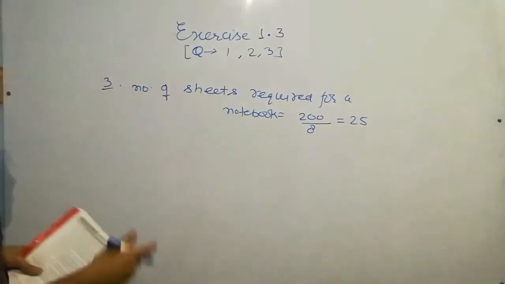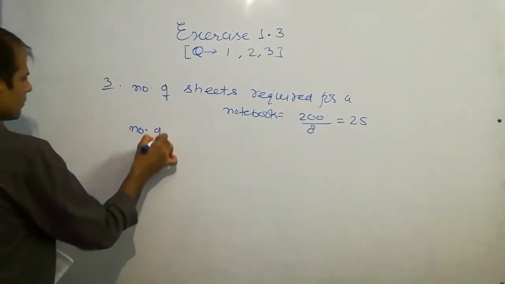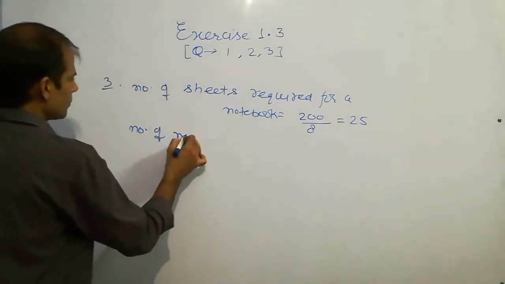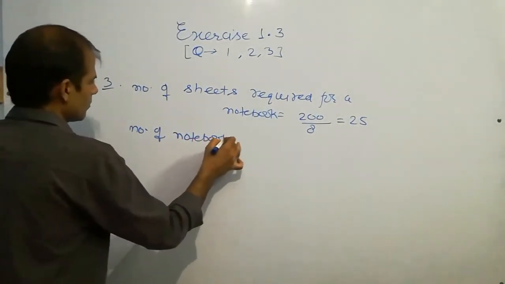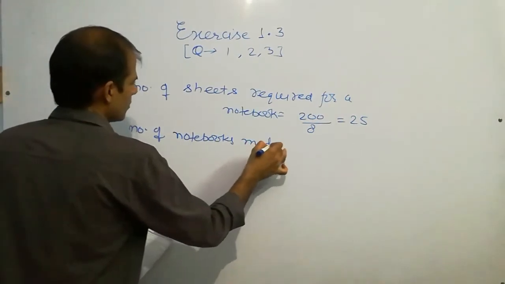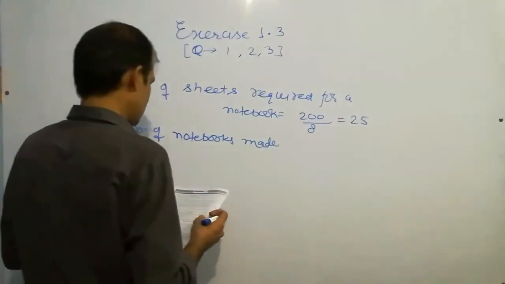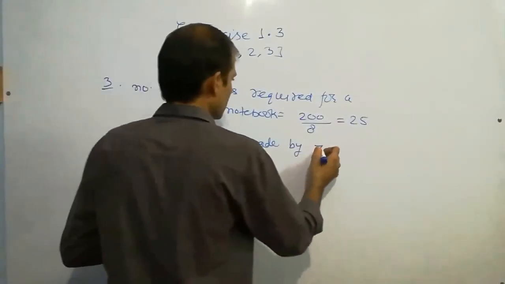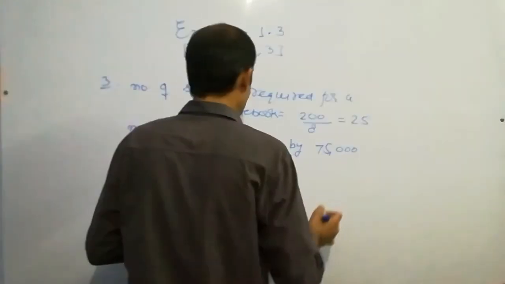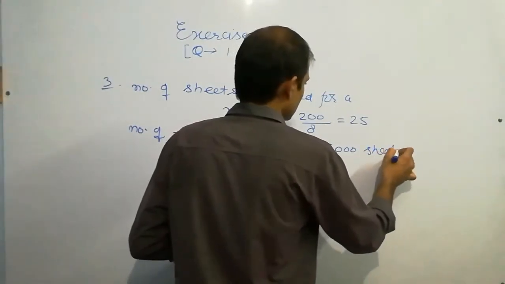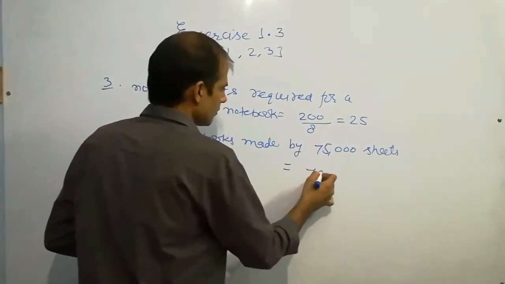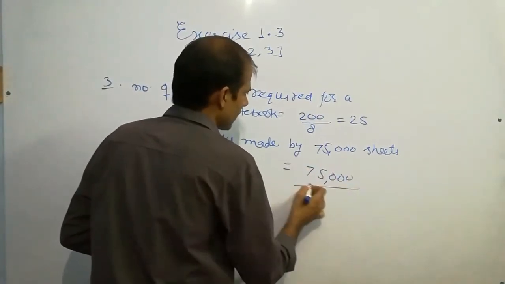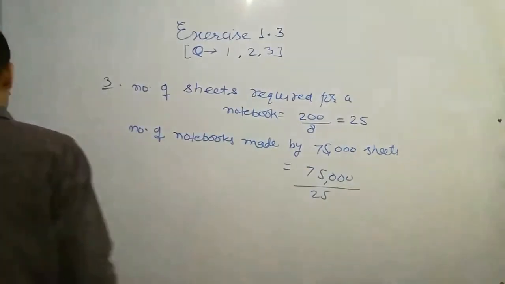Simply again, number of notebooks made by 75,000 sheets equals 75,000 divided by 25.